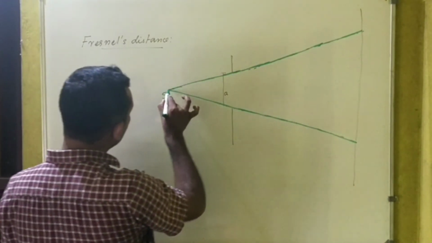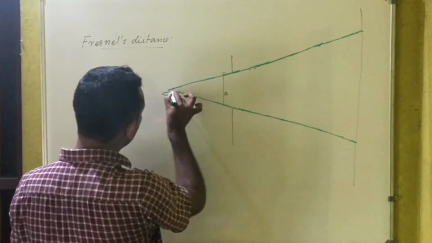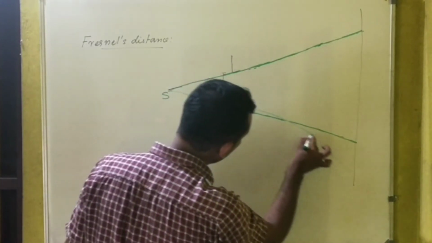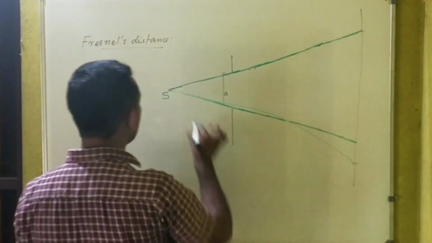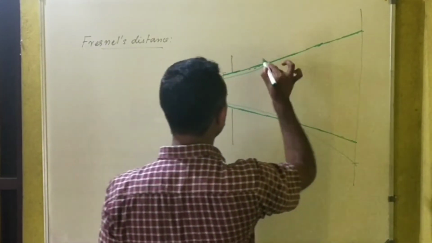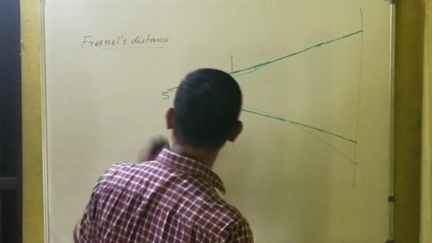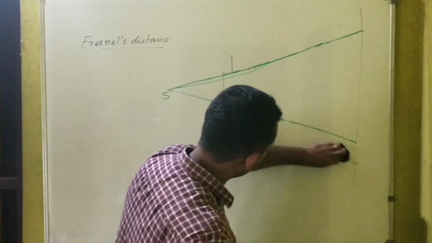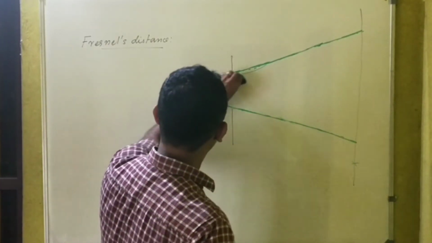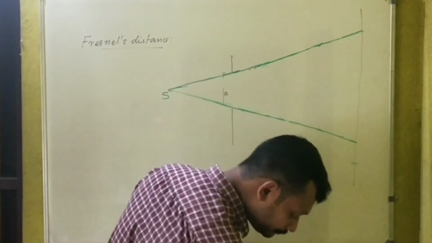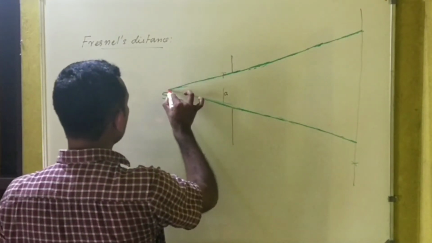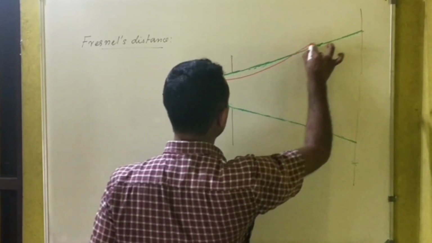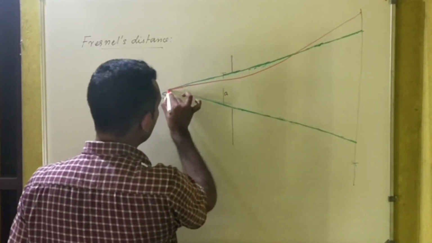And according to the wave theory, the light comes here and spreads, showing the bending of light. I am exaggerating a little in drawing.